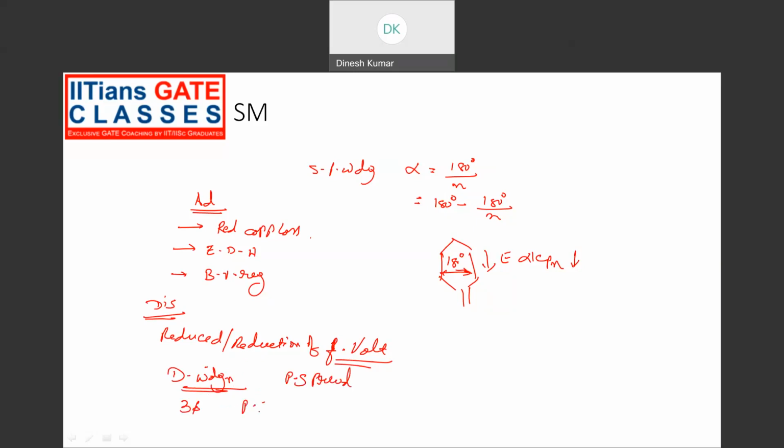If phase spread is equal to 60 degrees, then it is called narrow phase spread, which is widely used. And if phase spread is equal to 120 degrees, then it is called wide phase spread. So wide phase spread is used to eliminate triplen harmonics.